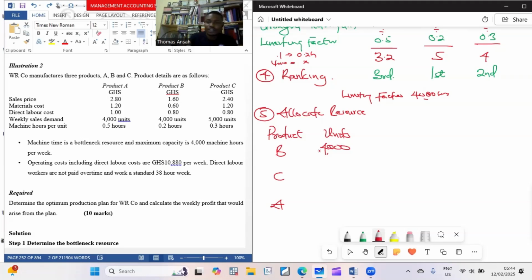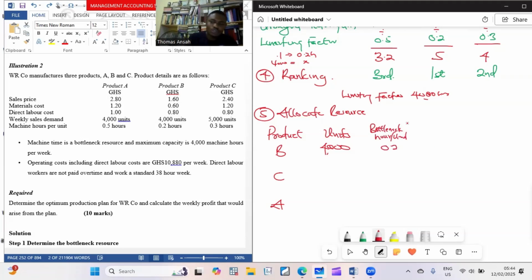All right. That is that, which demands the hours. So the bottleneck hour per unit is 0.2, which means I can do that.